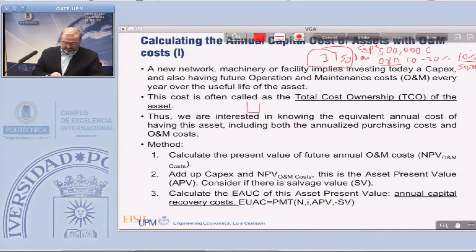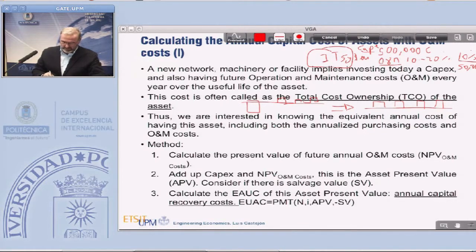So you have an initial investment, you have different future operation and maintenance costs, and then the entrepreneur wants to know what is the equivalent annual cost of having bought and constructed this IT system, also taking into account the operation and maintenance cost.